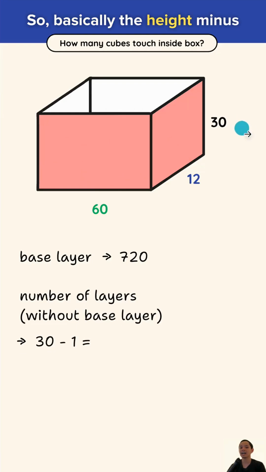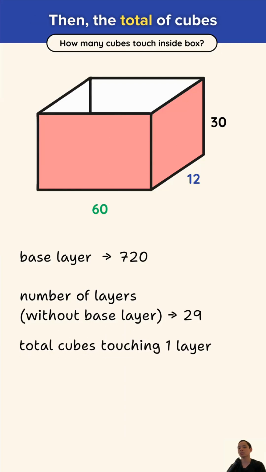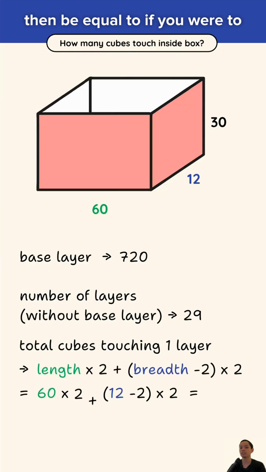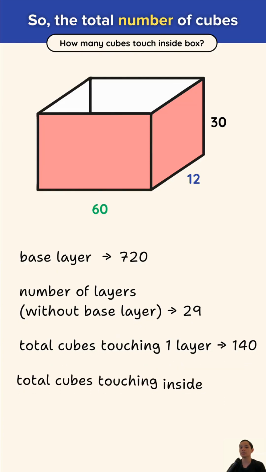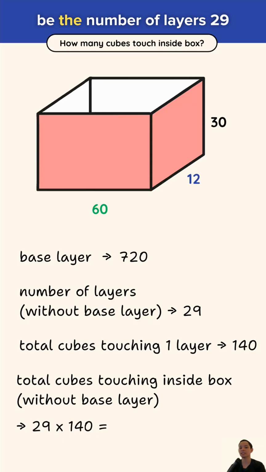So basically the height minus 1, and this will give us 29. Then the total of cubes touching one layer, this will then be equal to, if you were to calculate, 140. So the total number of cubes touching the inside box without the base layer will just be the number of layers, 29, times the total cubes touching one layer, which is 140.